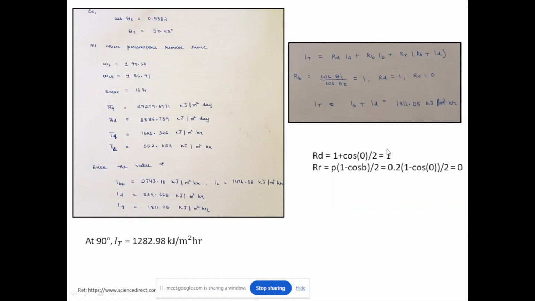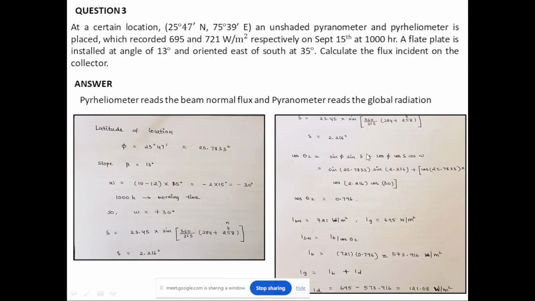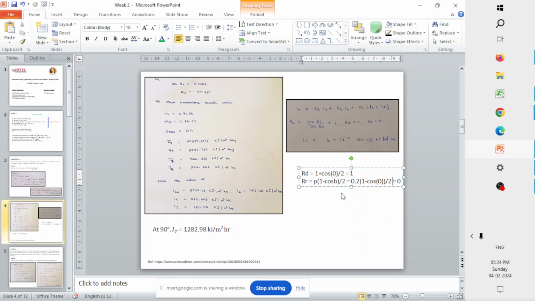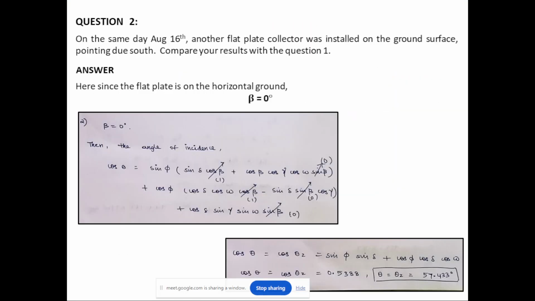So Rd, as we calculated, is 1 plus cos beta by 2. That is, 1 plus cos of 0 is 1, divided by 2 will be 1. So we got the value of Rd.